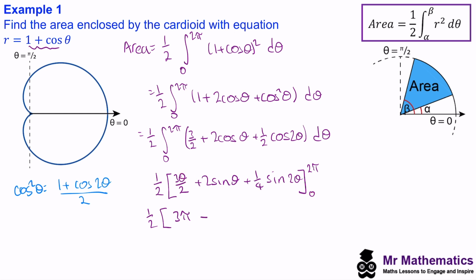Well, if theta equals 0, this is gone. Similarly, in this term, double 0, we get 0, so this is also gone. So that'd be 3 pi minus 0. So the area within the cardioid will be 3 pi over 2 units squared. Okay? Let's move on to question 2.